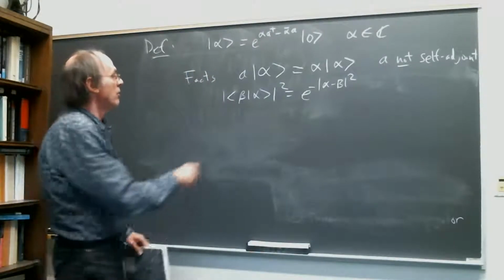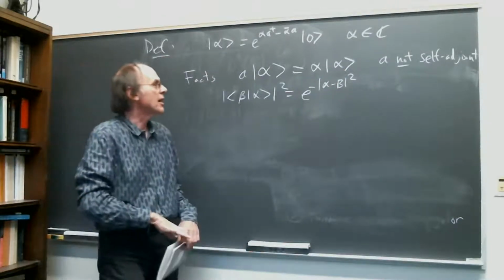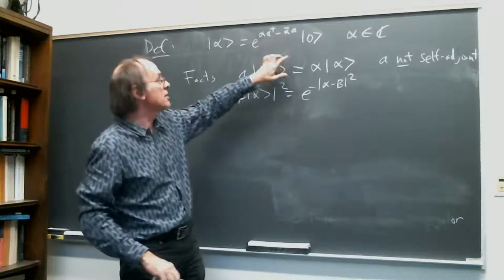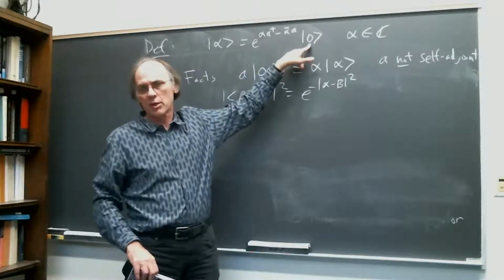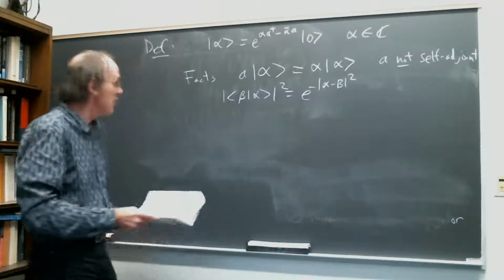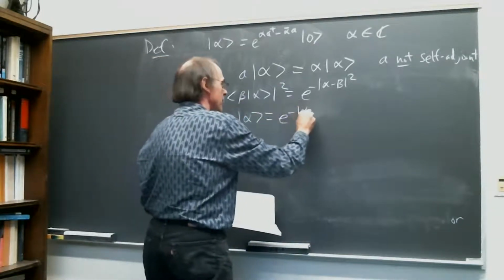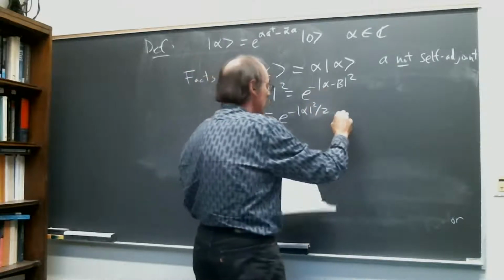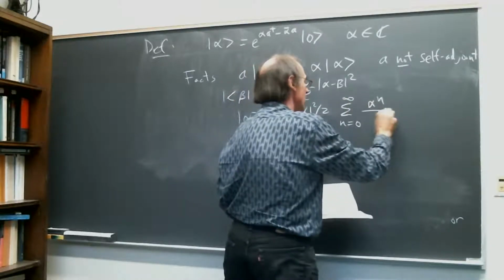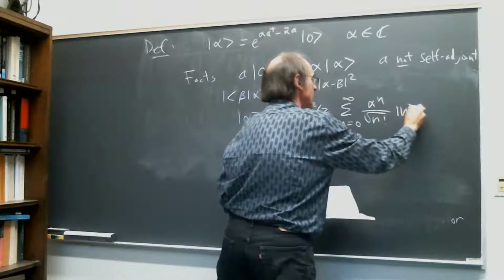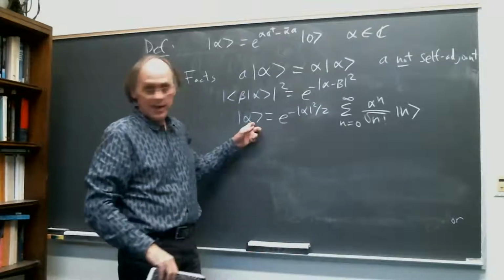Okay, and then what now? Now, one important aspect of these things that you can calculate is that you can easily get the relationship between these states and the states with a certain occupation number. So you also have alpha is equal to e to the minus alpha squared over 2 times a sum.